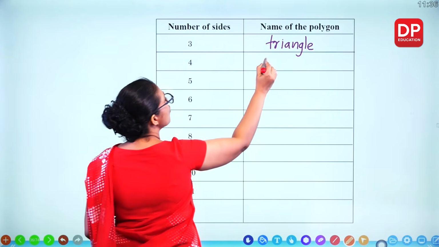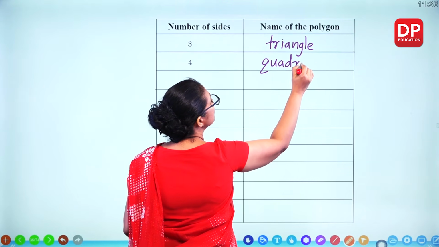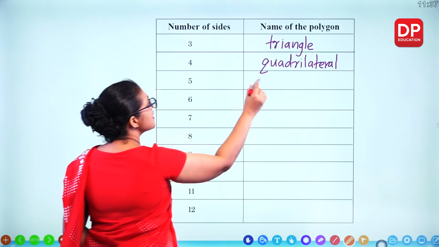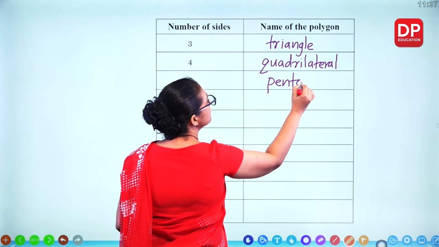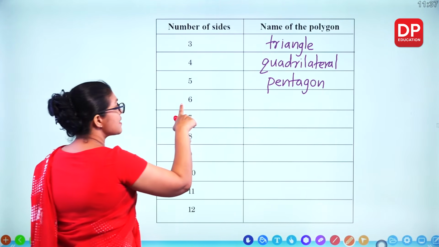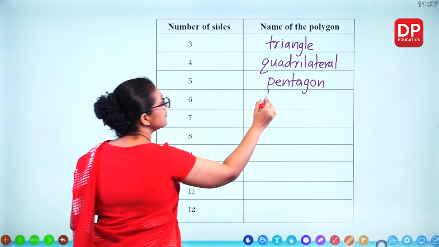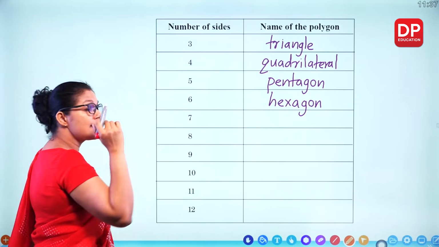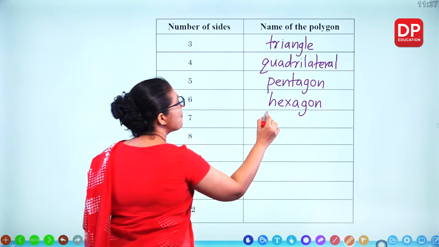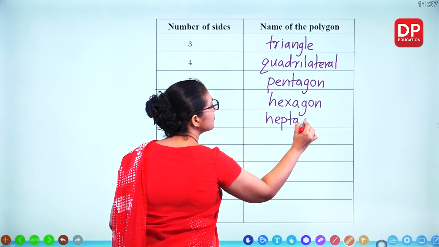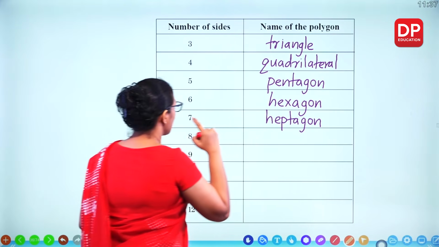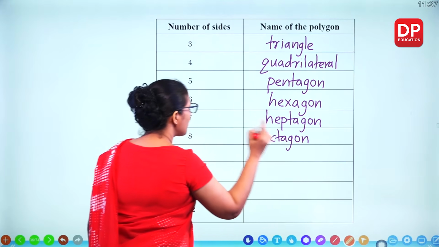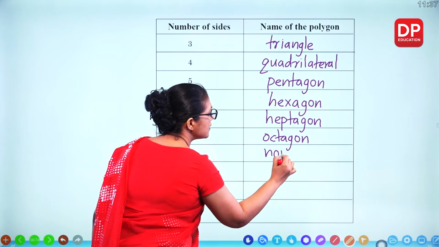4 sides, quadrilateral. 5 sides, pentagon. 6 sides, what you call hexagon. What you call 7-sided polygon, heptagon. 8 sides, we say octagon. 9 sides, nonagon.